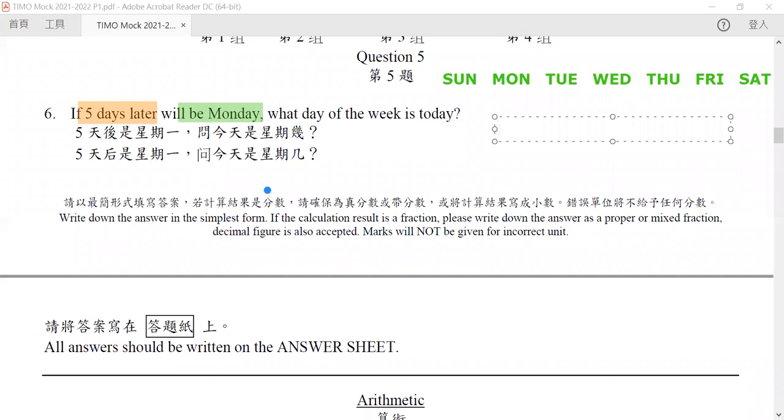Oh, so this is 5 days later. Now by this you can try to count them by hand. So this is Monday, so it means that 4 days later it will be Sunday. And then 3 days later it will be Saturday.